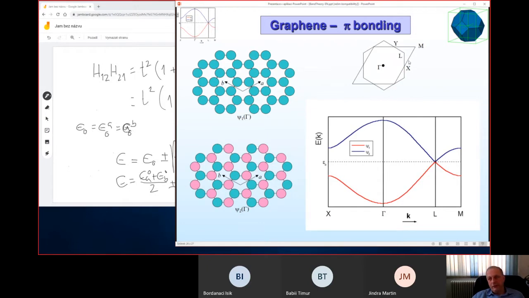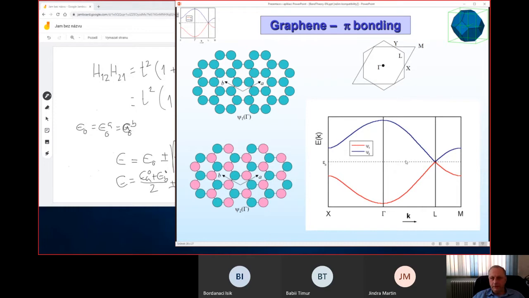The first Brillouin zone is this hexagon, while the primitive unit cell in the reciprocal lattice has this form. But this endpoint is, I think, equivalent to some point on this joint line between gamma and L. So, and the band dispersion looks like this.